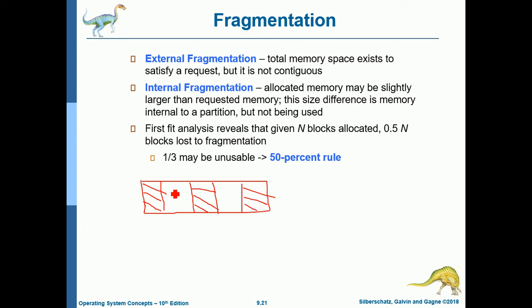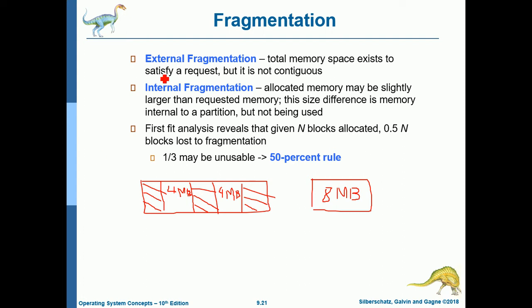For example, we have 4 MB, and then I have another 4 MB free space or hole. What if the process that you have is 8 MB? The size of your process is 8 MB. It needs 8 megabytes of space.